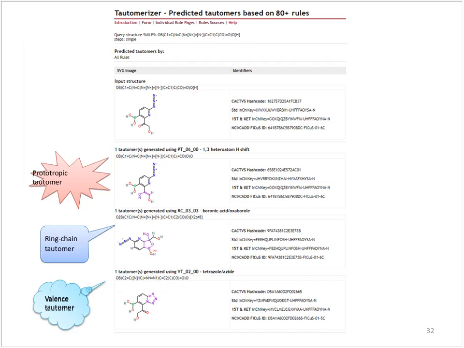If there is a ring-chain pattern between this carbon and the side chain, splitting this ring-chain pattern gives the open form. And if there is ring closing of this hydrogen at the nitrogen center, it forms the valence pattern. So here we can see again that the tendency of all these tautomers is different, so we don't know whether these are different rules or whether other tautomers need the development of a new version of the rules.